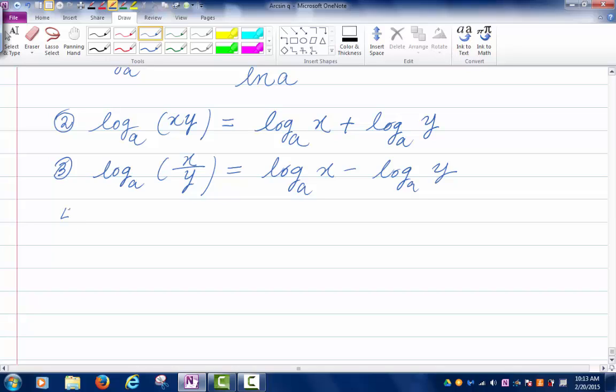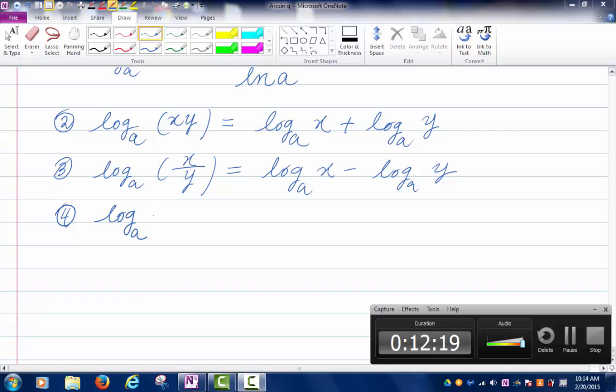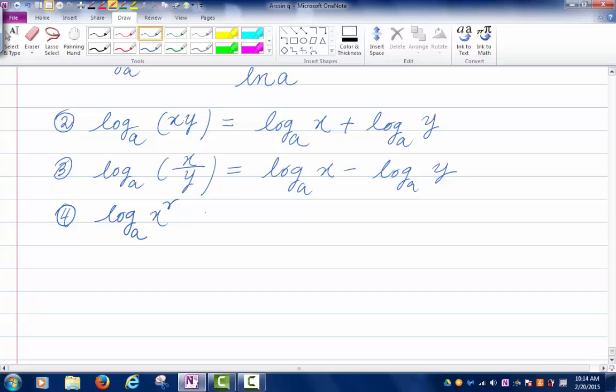Number 4. What is 4? Log base a of x to the r is equal to r log base a of x. Numbers 2, 3, and 4 are exactly like what you had for the ln function, right?